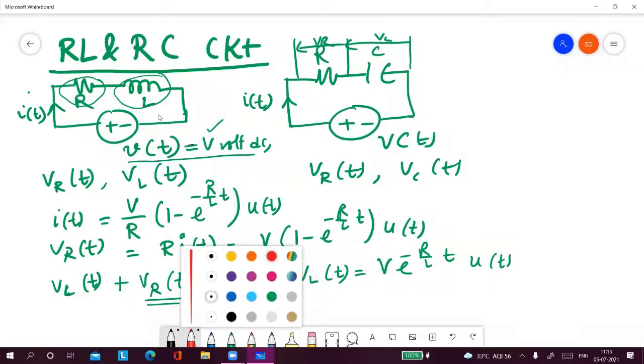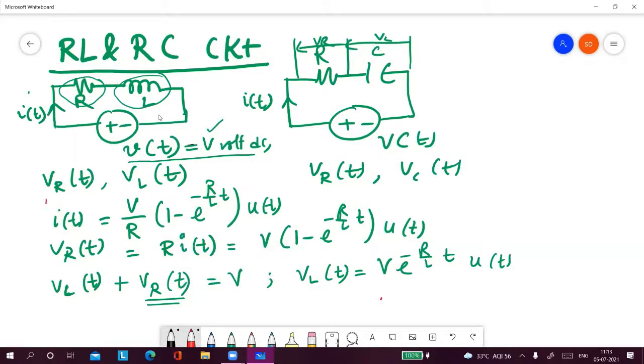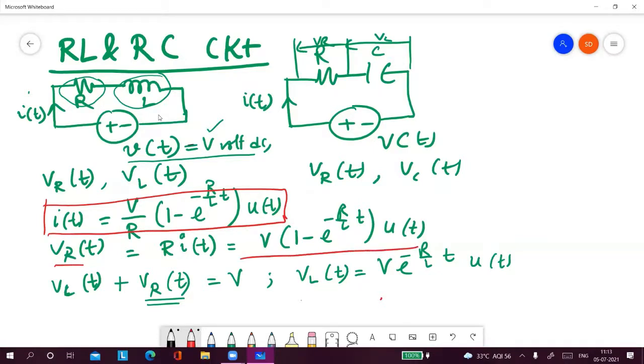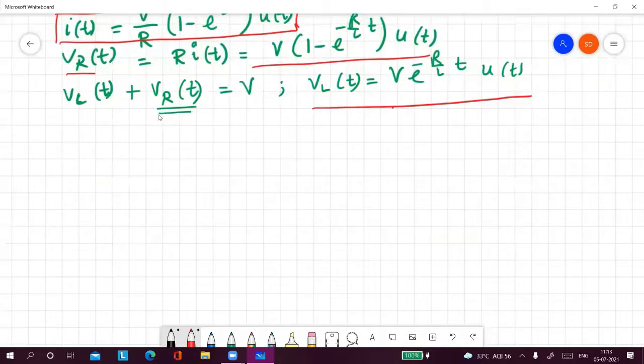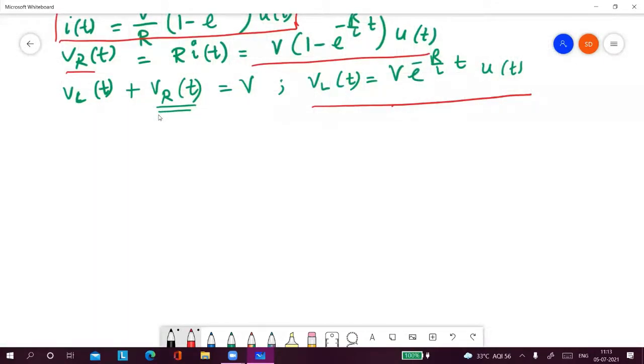That means this is the expression of the current, this is the expression of the voltage drop across resistance, and this one is the expression of the voltage drop across inductance. All right, that means here we have i(t) for a series RL circuit.